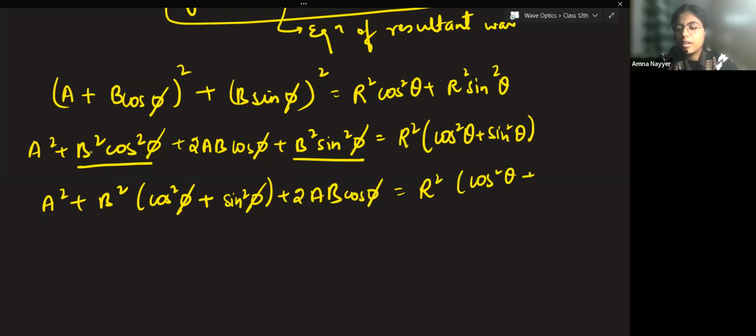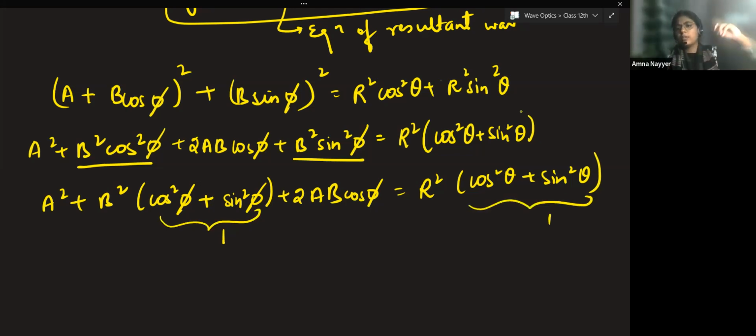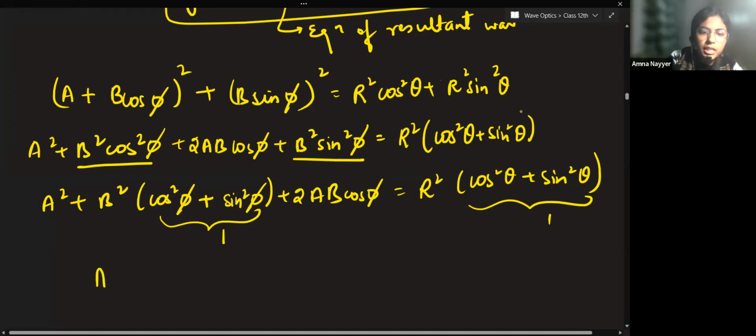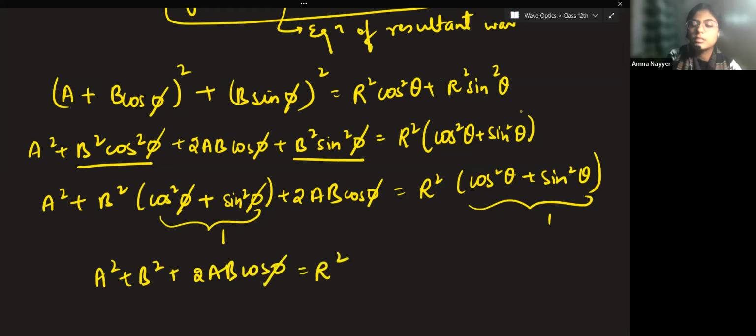Now see class, whether it's sin square theta plus cos square theta or sin square phi plus cos square phi, this term is also equal to 1 and this term is also equal to 1 by this trigonometric identity. Sin square theta plus cos square theta is equal to 1. So cos square phi plus sin square phi is also equal to 1. So cos square x plus sin square x is actually equal to 1. So you are left with a square plus b square plus 2ab cos phi is equal to r square.